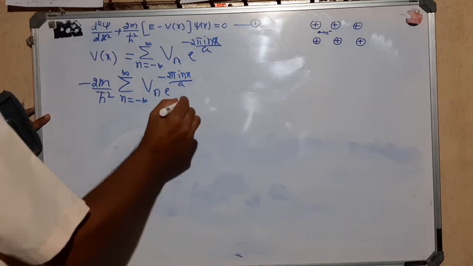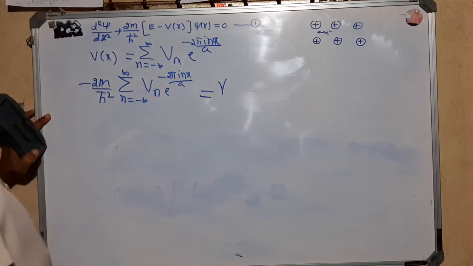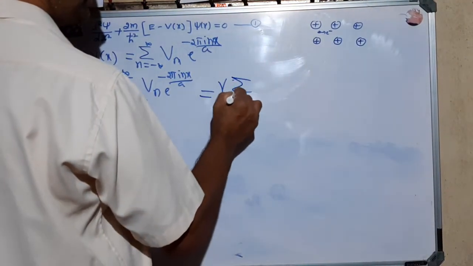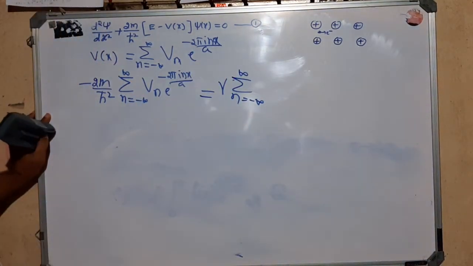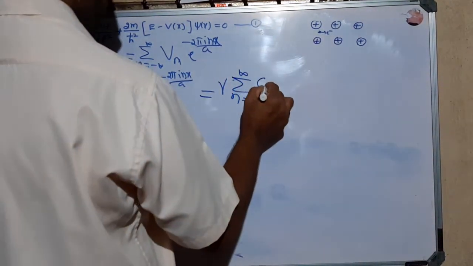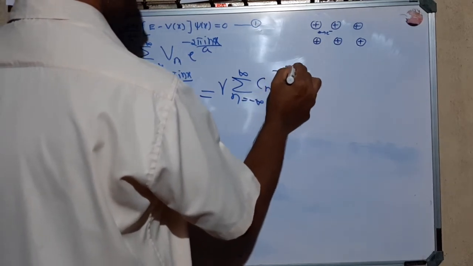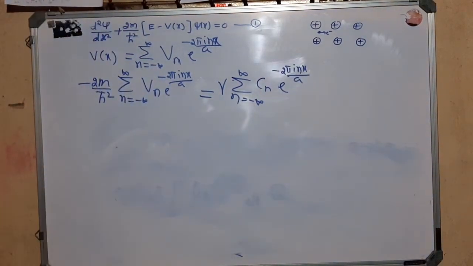This is equal to gamma into f of x. So, from equation number 5, you substitute the value of f of x: sigma n equals minus infinity to plus infinity Cn into e to the power minus 2 pi inx divided by a.